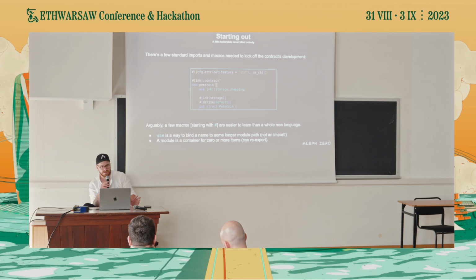Now, the module declared with the mod keyword is actually somewhat similar to a namespace in C++. So there's no magic going on with modules like you could find, for example, in Python. The modules are more or less a collection of things gathered under a single name. And you can import stuff into the scope of your module. So if I do use ink storage Mapping, then I'm bringing the Mapping name into scope, and I'll be able to use it starting from this import.